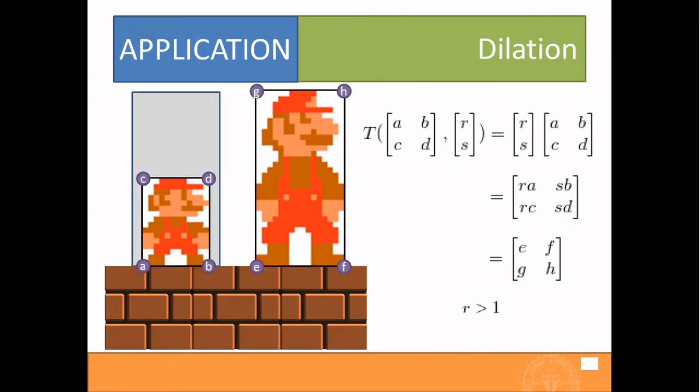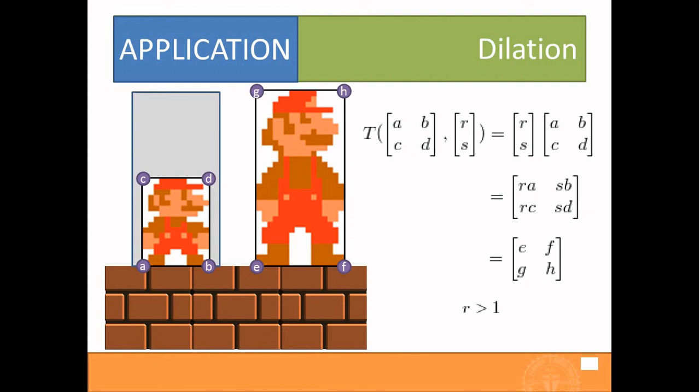So you have just seen an application of the transformation concept dilation, where Super Mario eats a mushroom and expands in size. His original state can be represented as a matrix A, B, C, D, and the scalars r and s represent changes in height and length respectively.